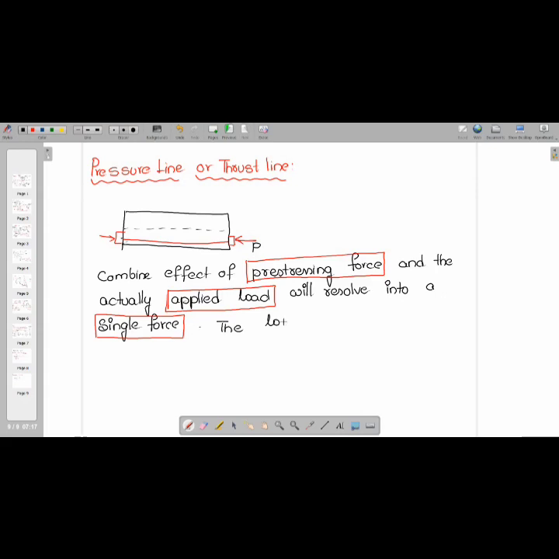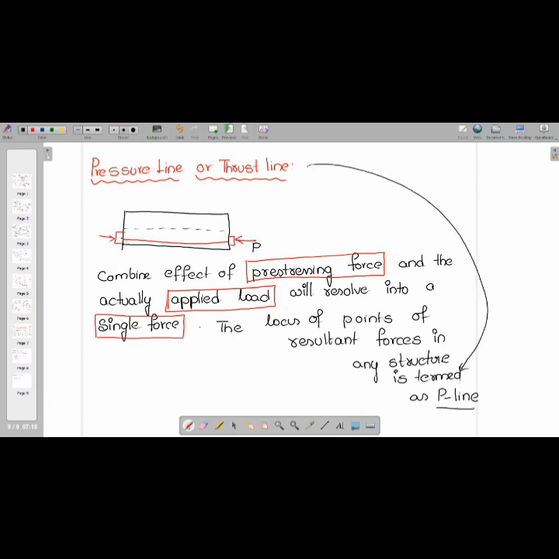The locus of points of resultant forces in a structure is termed as thrust line or pressure line or whatever.